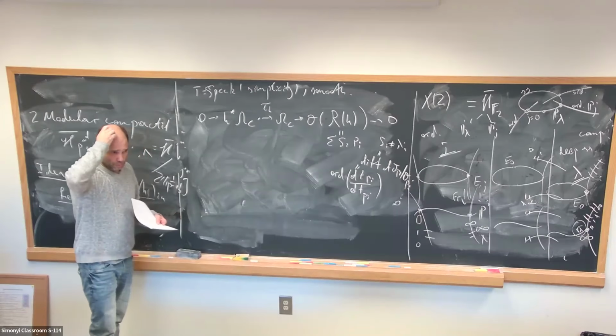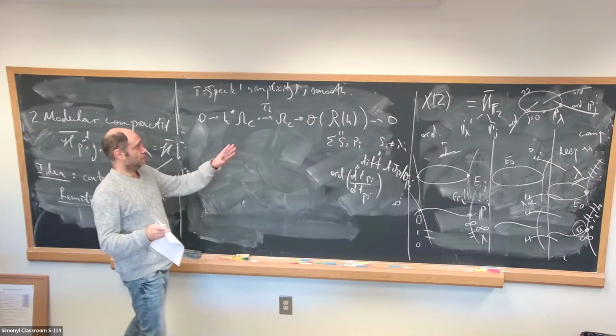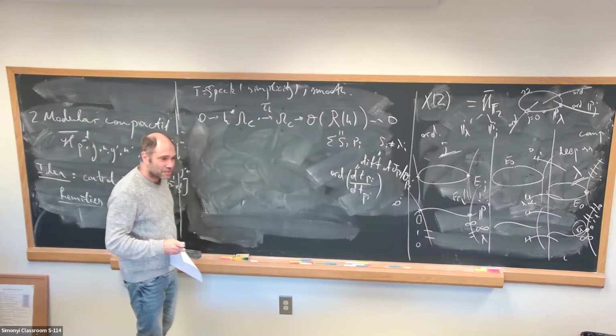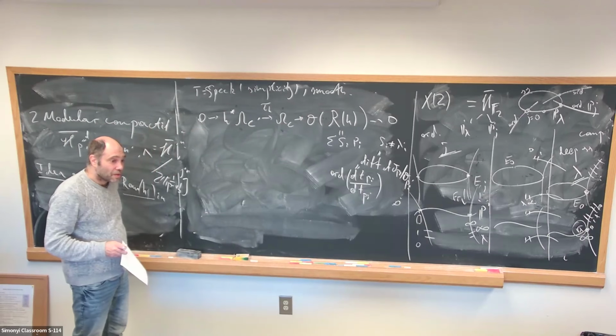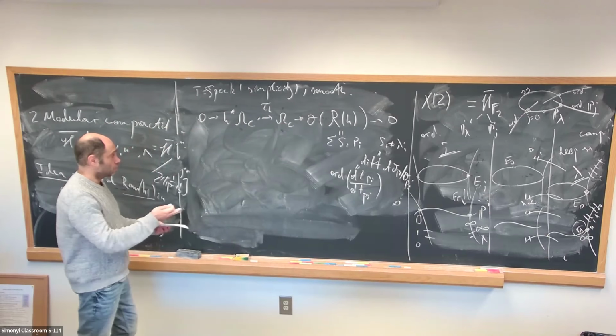Order of vanishing of differentials. So we just take a sort of generator here. That's the number which appears when computing the genus.